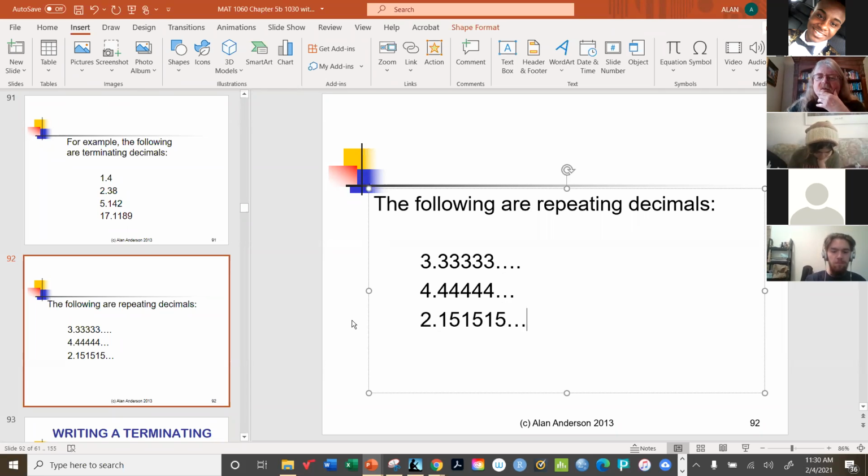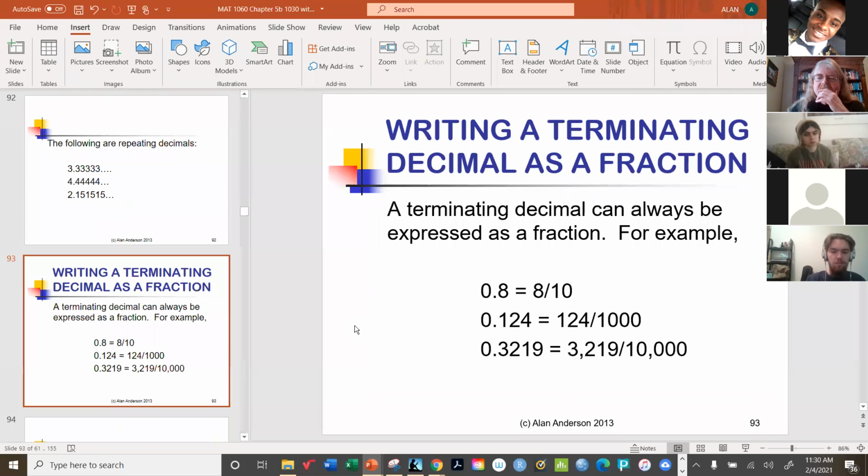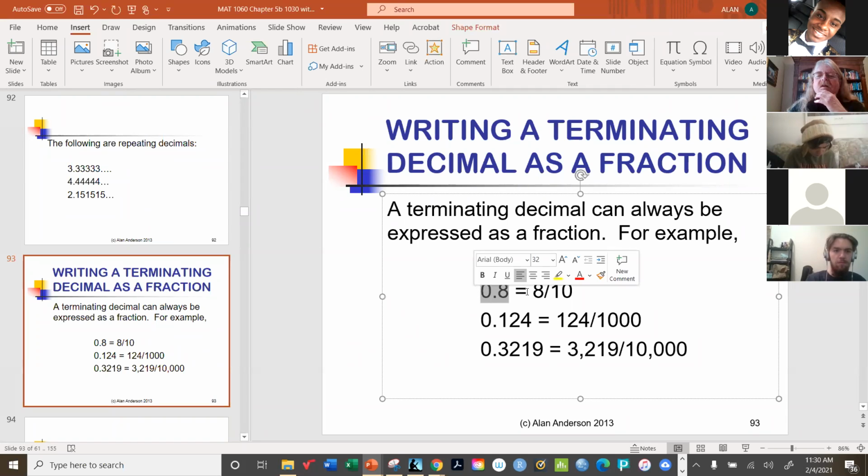This is the easy one. Because, for example, it's always possible to write it as a ratio of some integer over a power of 10. For example, 0.8 is just 8 over 10. 0.124 is 124 over 1,000. And 0.3219 is 3219 over 10,000.